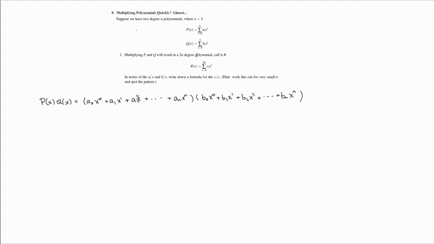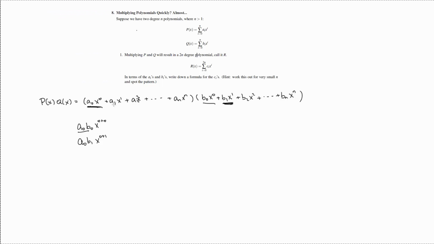So how can we get a power of x to the 0? Well, we can multiply a0 x to the 0 with b0 x to the 0 to give us a0 b0 x to the 0 plus 0, and that's our only term. How can we get a power of x to the 1? Well, we could do a0 times x to the 0 times b1 x to the 1, which gives us the term a0 b1 x to the 0 plus 1.